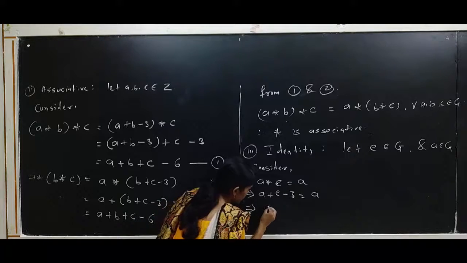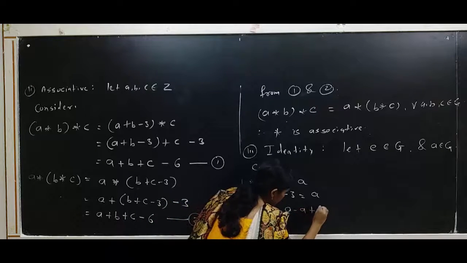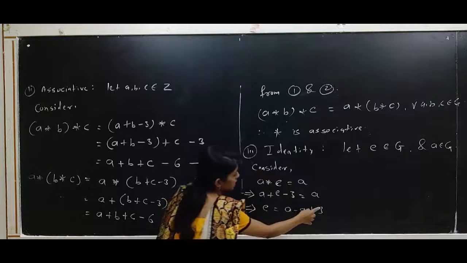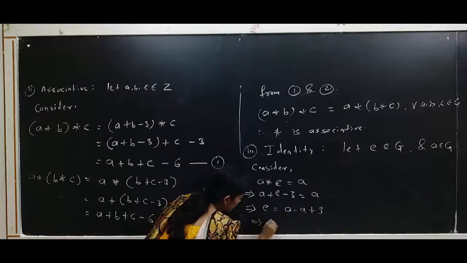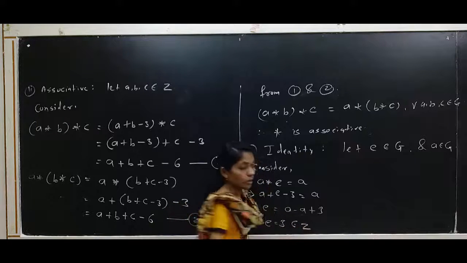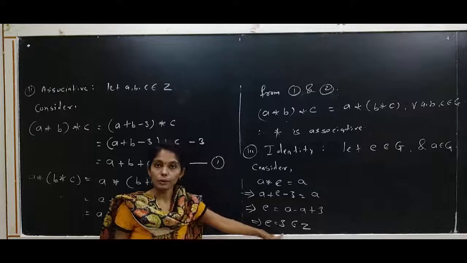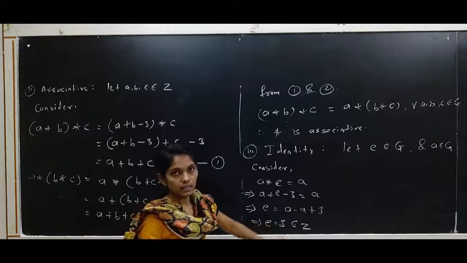So we get E is equal to A minus A plus 3. So plus A minus A gets cancelled. So we get identity element equal to 3, and 3 belongs to the set of integers. So here the identity element with respect to the binary operation star is 3.